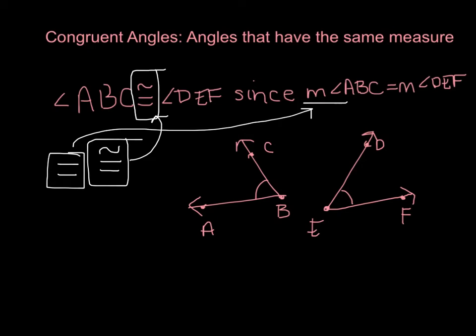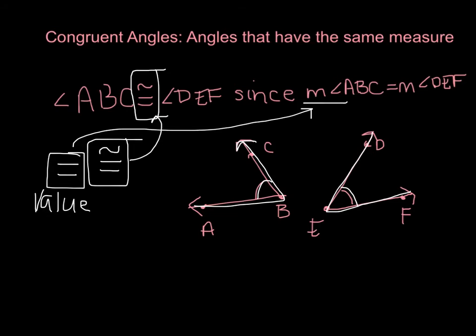So if we look down here at our angles, we have angle ABC is congruent to angle DEF. The reason we can make that statement is because the measure of angle ABC is equal to the measure of angle DEF. So it's important that you understand the difference between using an equal sign and using a congruent sign. An equal sign is used when you're referring to a value, and the congruent sign is used when you're talking about congruence.